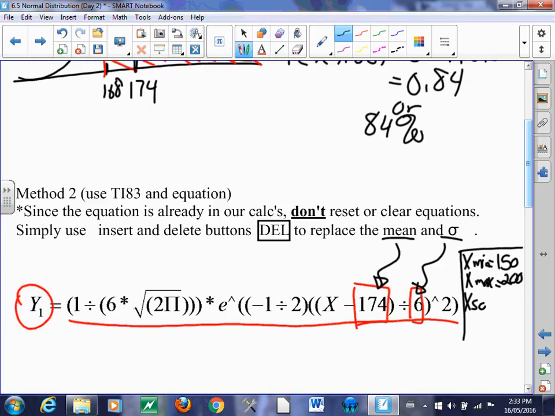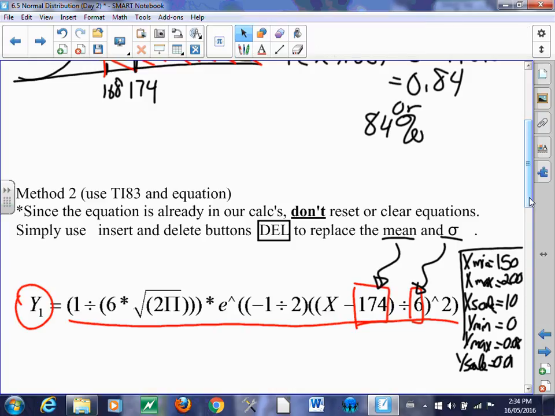X scale equals 10. That's fine if we go up by 10. Y min will equal 0. Y max equals 0.08, and Y scale, it's usually small, 0.01.